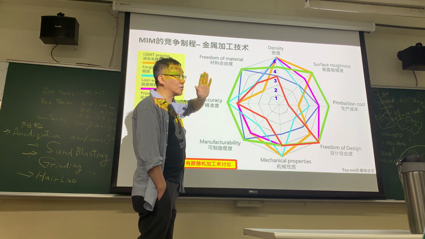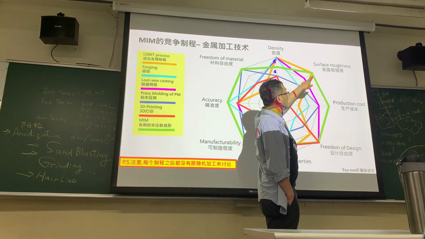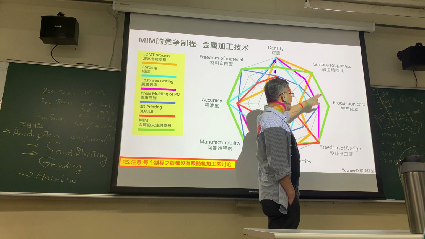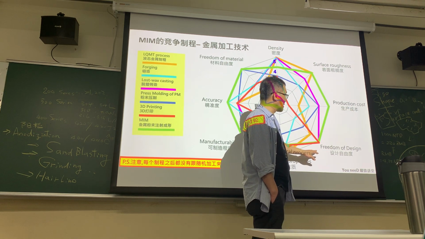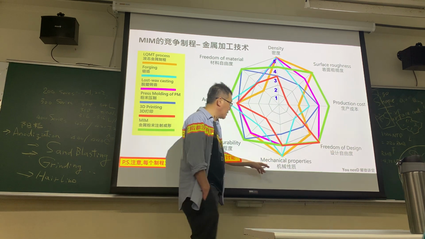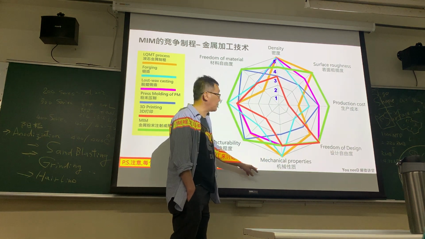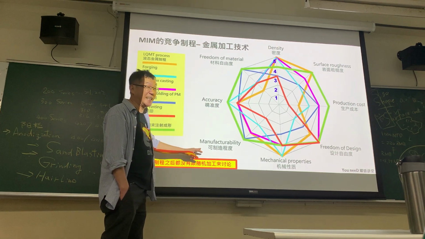But we just discuss the defects. We talk about surface problems. There is a discussion of machine cost. We list the freedom of design. Then we check the mechanical property, and we check the manufacturing ability.